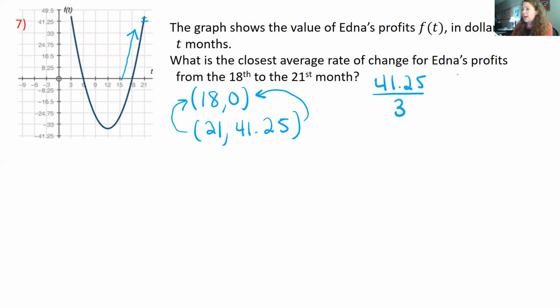If we divide 41.25 by 3, we get $13.75. So on average, she made $13.75. That was her average rate per month from the 18th to the 21st month.